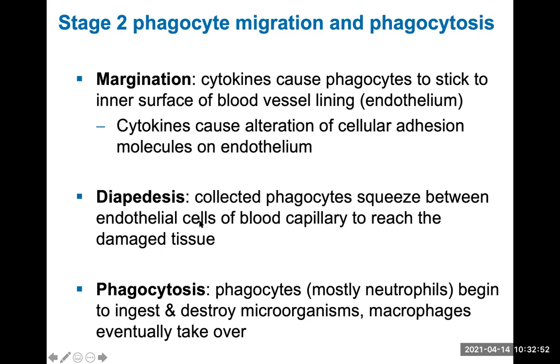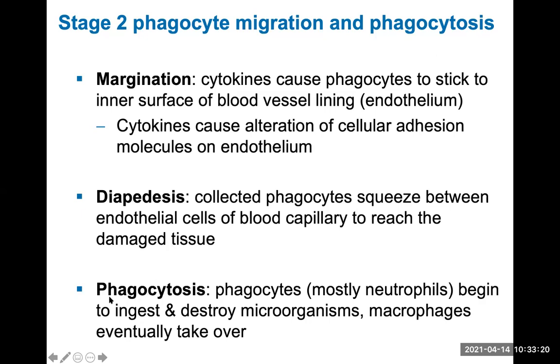So it only has to squeeze between two cells and then it's out, right? Capillaries are single cell thick, okay? And so then they squeeze through the capillary cells and they then are in the tissue, and they will continue to migrate through to the area of the damaged tissue.